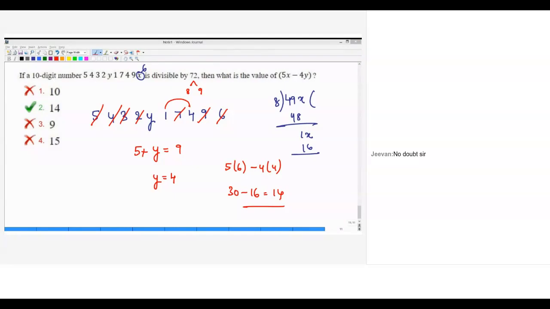Any doubt in this topic? If no doubt, then say yes. If everything is clear, then say yes. If you have any, you can ask me.